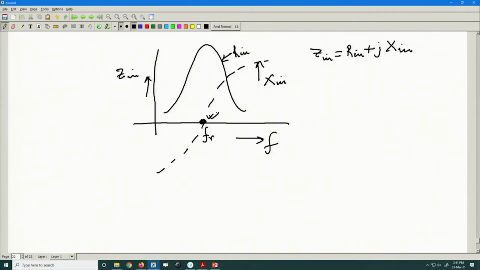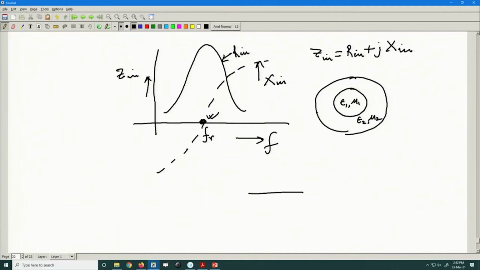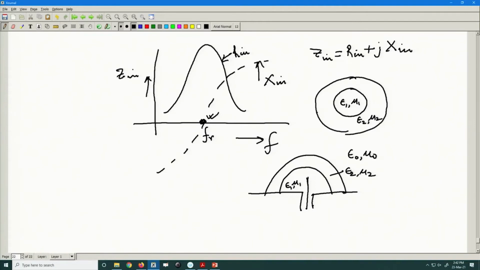Typically, the resonance of any antenna, let us suppose a multilayer sphere with epsilon 1 mu 1, epsilon 2 mu 2. A typical example might be a system like this, where I have a multilayer resonator antenna, epsilon 1 mu 1, epsilon 2 mu 2, and this is epsilon naught mu naught, fed by a coaxial probe.